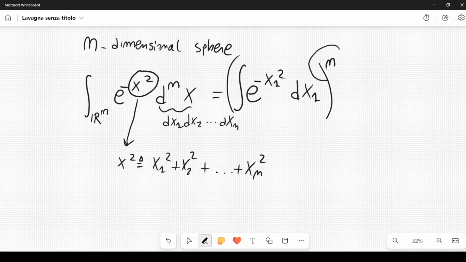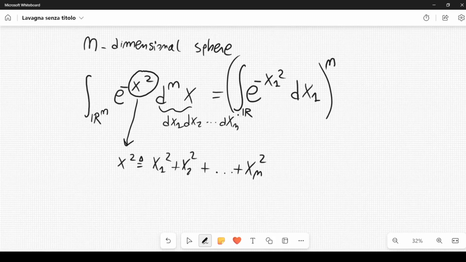So if we raise it to the power n, we get an n-dimensional integral, and when you take the product of all the exponentials, by changing the name of the variable, you get e to the minus x squared. But now, since we are integrating over R^n, here we are integrating from minus infinity to plus infinity. So in this case we are integrating over R. If you want, you can also write it like this.